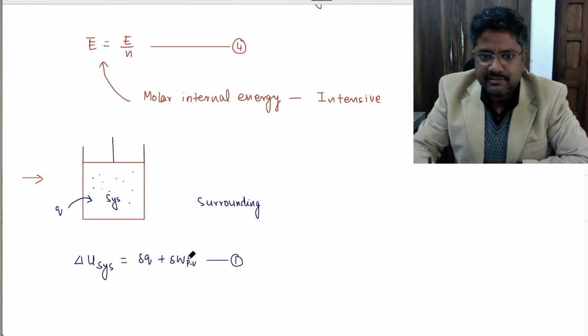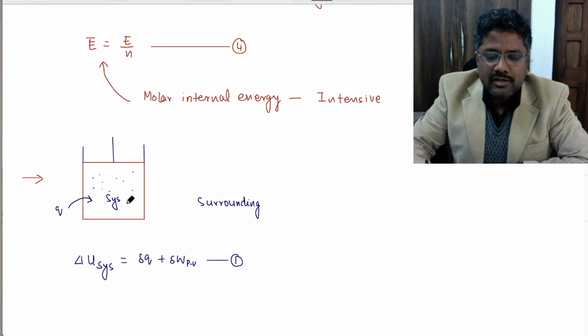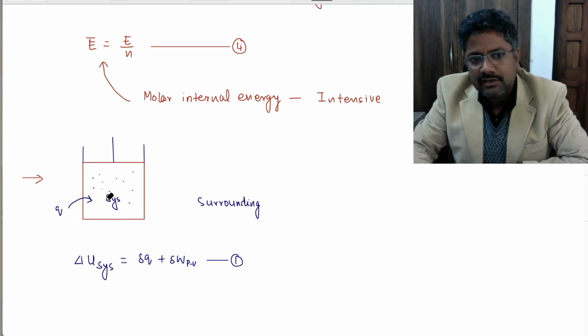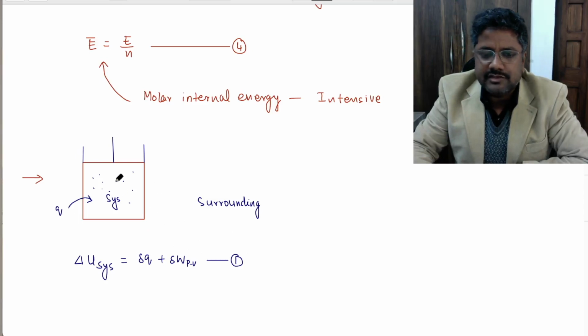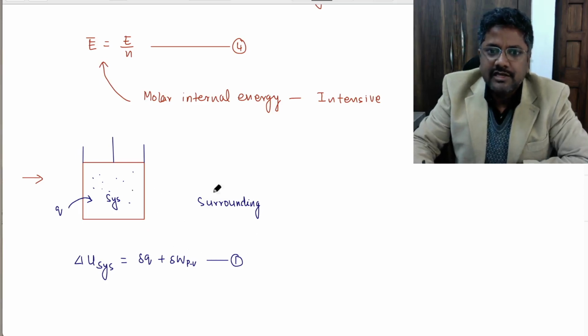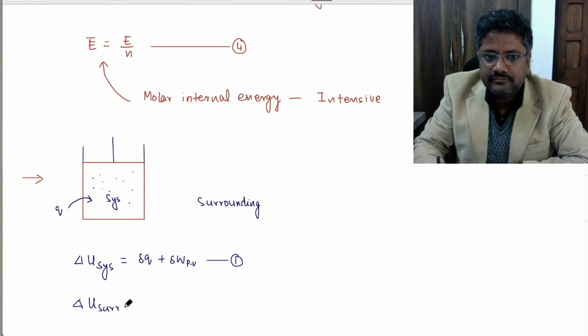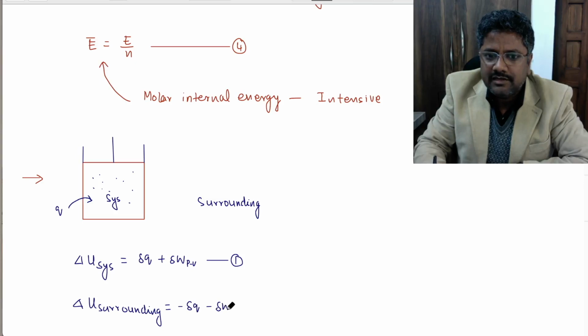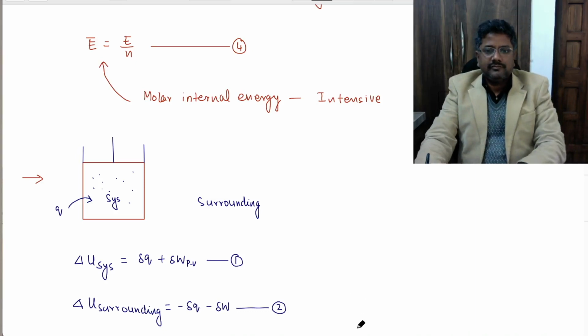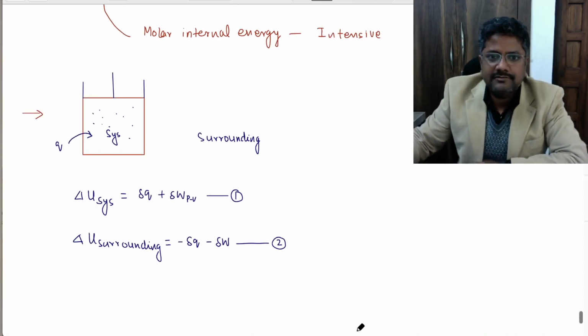But I am writing only this work here. So the gas is doing work, an equivalent amount of heat is transferred from surrounding to system, so that the temperature of the system is constant. So what is the change in the internal energy of the surrounding? You can write delta U of surrounding is equal to minus delta Q minus delta W. This is equation 2. All of you are getting this point or not?